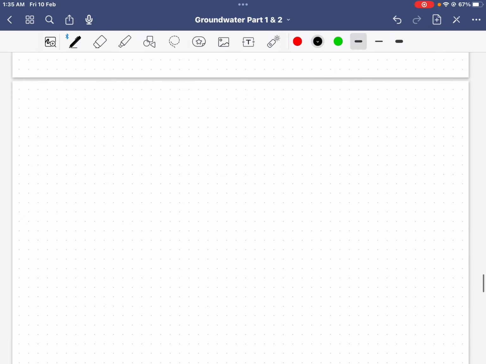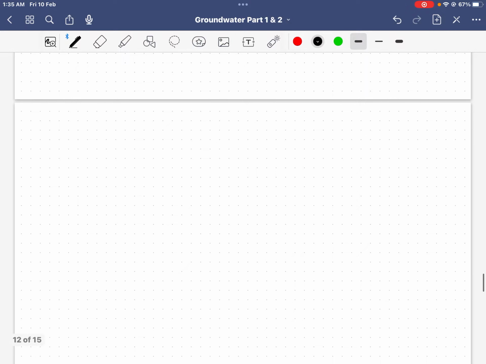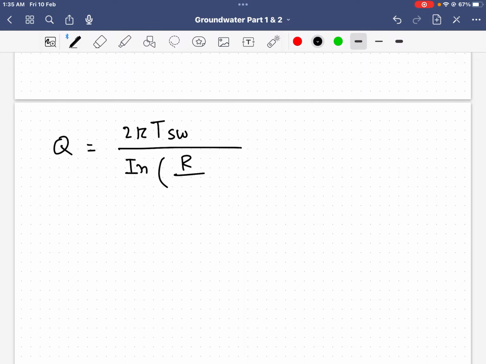Now let me take one page. I have to find the discharge Q. We have the formula Q equals 2 pi T Sw divided by ln R over Rw.